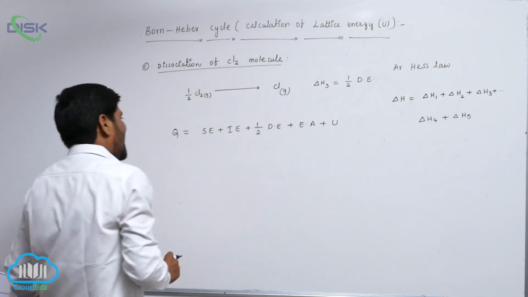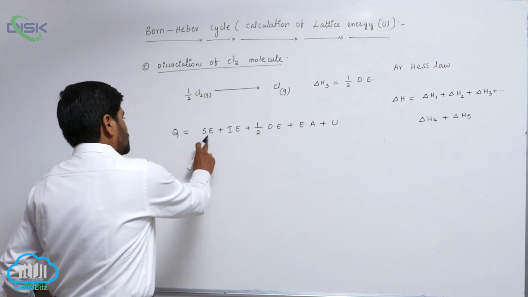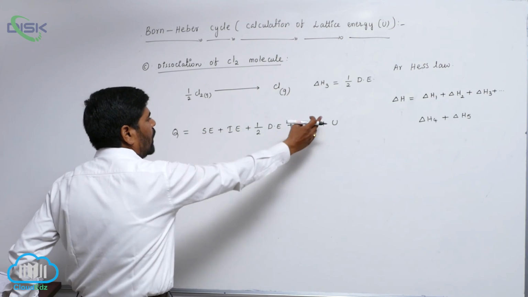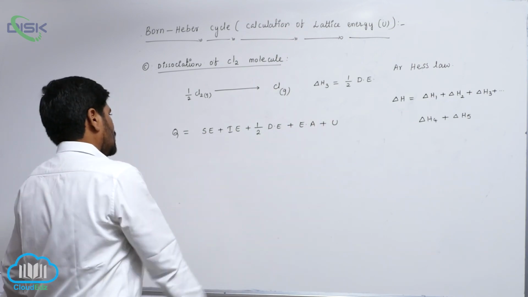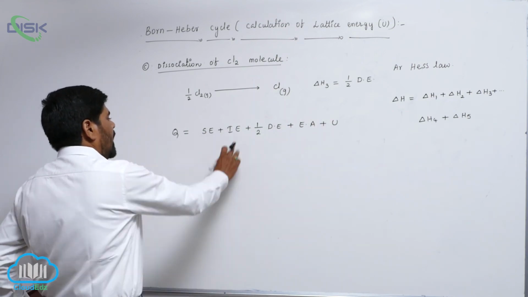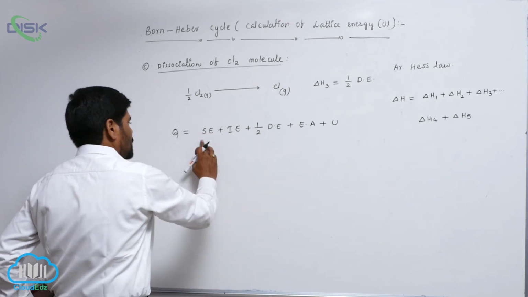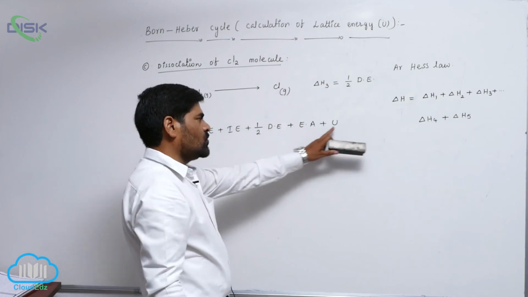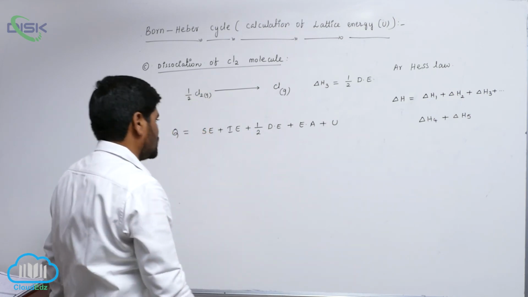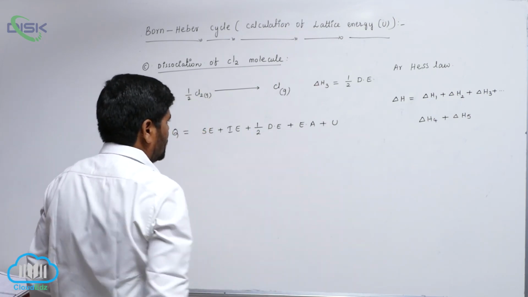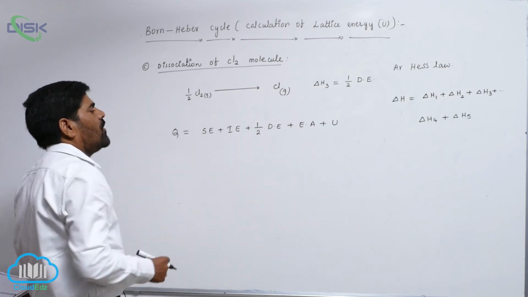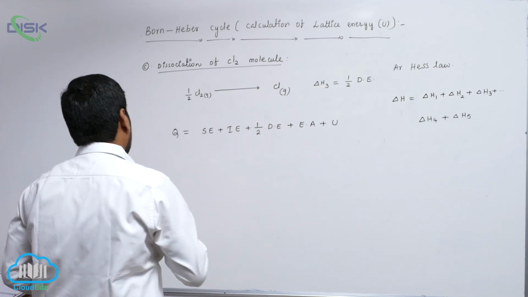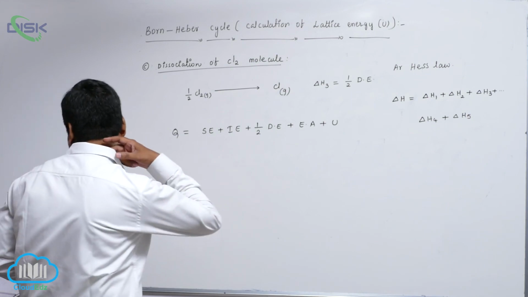U means lattice energy. These are H1, H2, H3, H4, H5. Sublimation energy, ionization energy and dissociation energy are endothermic processes. These two are exothermic processes. So the summation of the energy of all the steps always equals the heat of reaction or total heat.